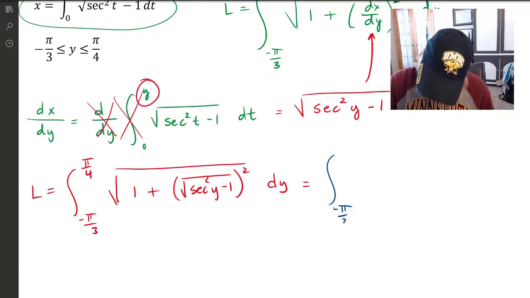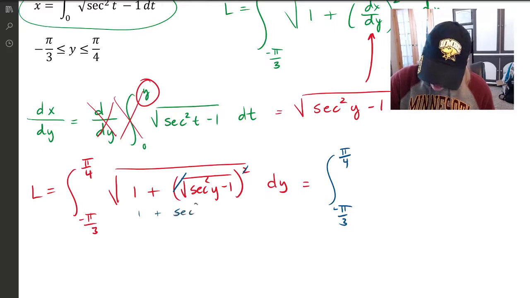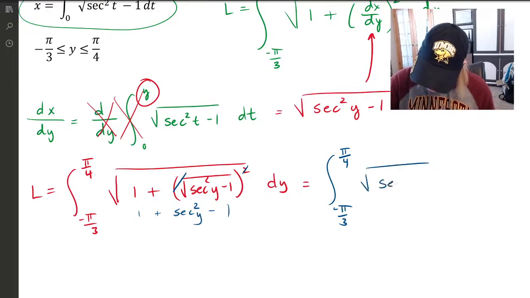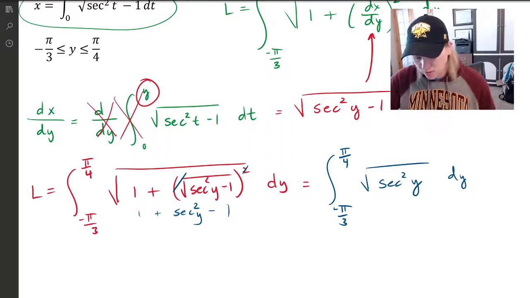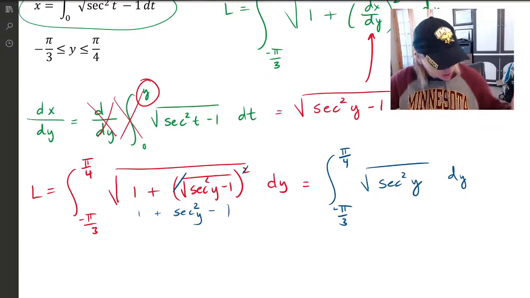So these will cancel, and then I'll have 1 plus the secant squared minus 1. The 1s will cancel, so I'll have the square root of secant squared y. Here is where I'm going to start thinking about plugging it into my calculator. I've got it simplified.